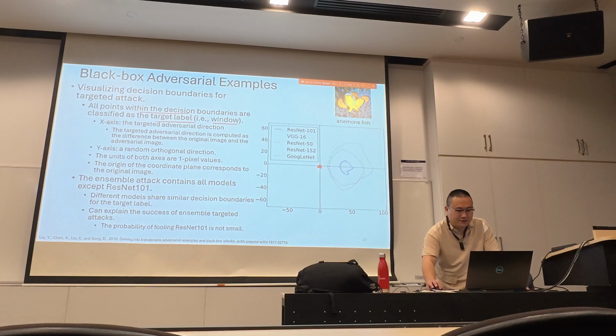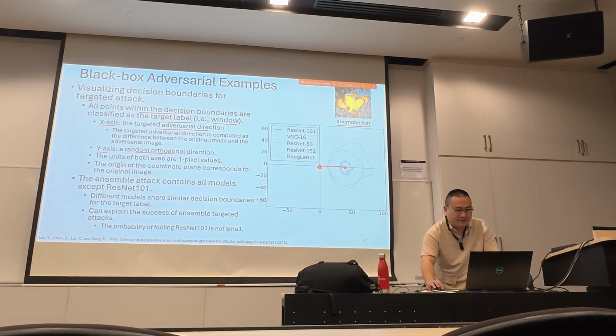Given the original fish, we generate the targeted adversarial examples, and then we calculate the difference between the attack and the original image. This direction is used as the x-axis. And also we can use a random orthogonal direction as the y-axis, and in this way we can visualize the decision boundaries again for the targeted attacks.